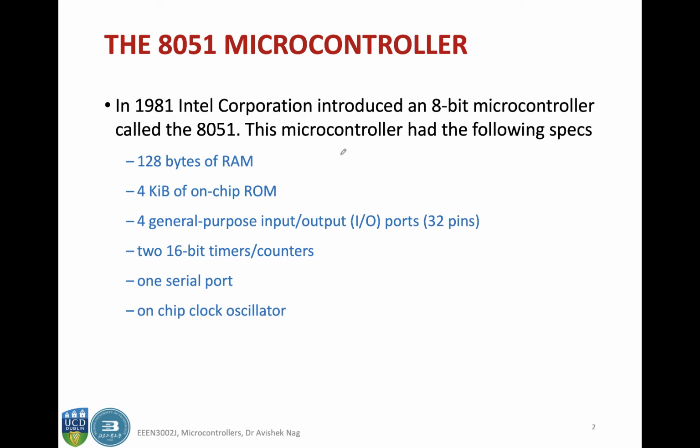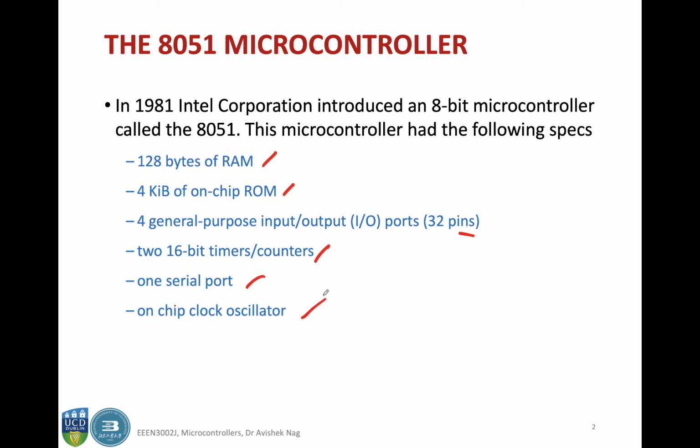and it had the following specs: 128 bytes of RAM, 4 KB of on-chip ROM, 4 general purpose input output ports, and each of those ports had 8 pins, so there were 32 pins. Two 16-bit timers and counters, one serial port, and one on-chip clock oscillator.